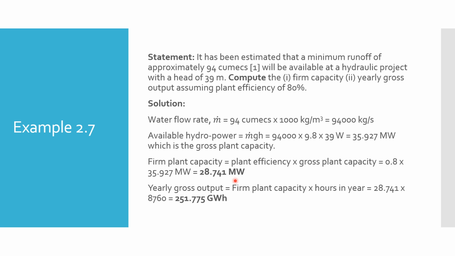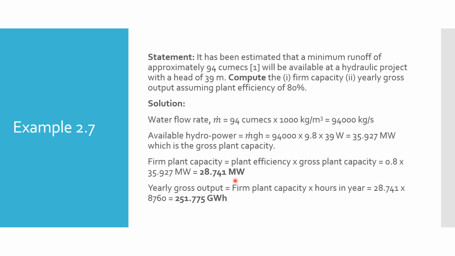I'm going to correct myself here: if I ask you about gross output, you will always use 8760, because gross is something which you can get if the plant runs all the time, and net is something which you get actually.